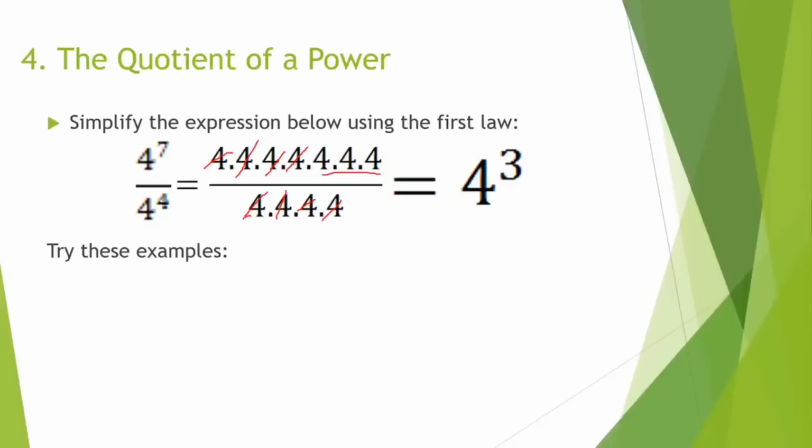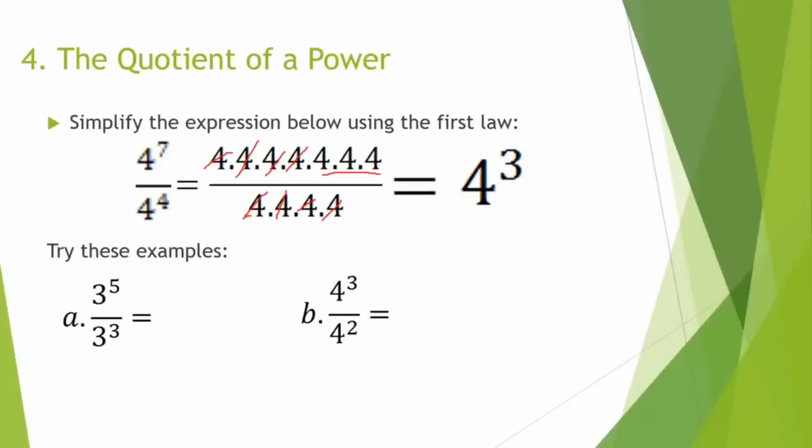Okay, next, let's try this example. What do you think is the result when we divide 3 raised to 5 over 3 cubed? So let us again expand. If we expand that, we will have 3 times 3 times 3 times 3 times 3, over 3 times 3 times 3, and then we will cancel.